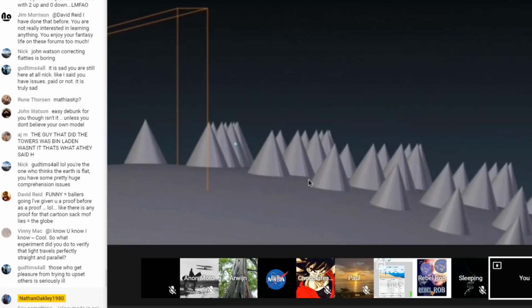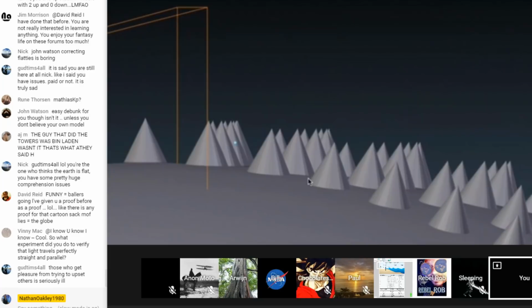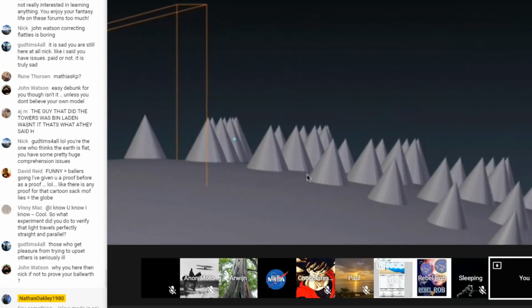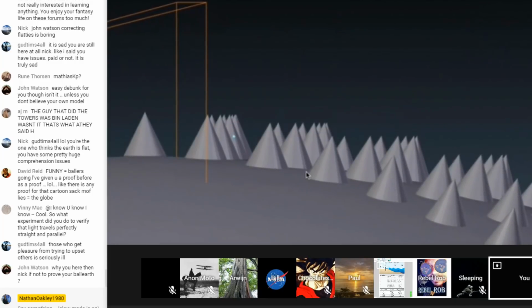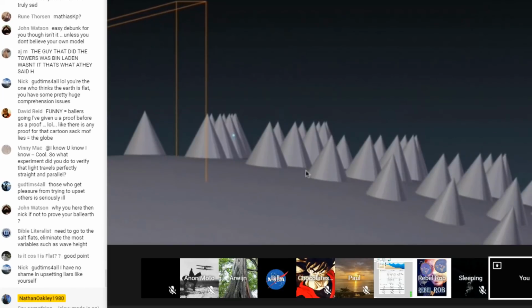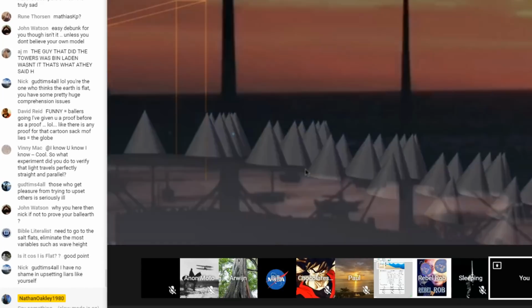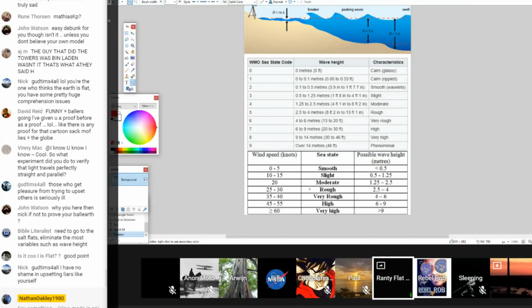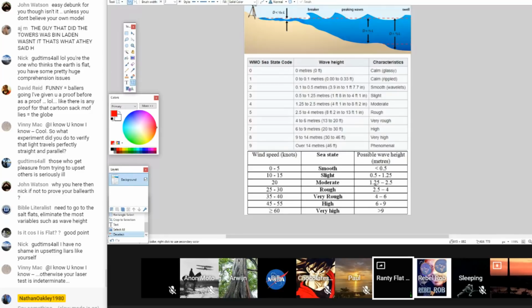So it's good that you can actually check out roughly what sort of heights of waves to expect under certain conditions. And as I say, the swell adds to the height of the waves as well. So this is just the wind speed to give you a possible wave height. Now, this isn't even taking into account the sea swell. This takes into account the sea swell.